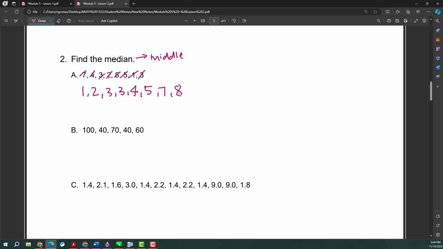So you have to list them in order first, and then you can go through and find the middle, which is going to be 3 and 4. So remember, if there's 2 of them, you have to find the mean. So 3 plus 4, and then divided by 2. So we get 3.5 is our median.